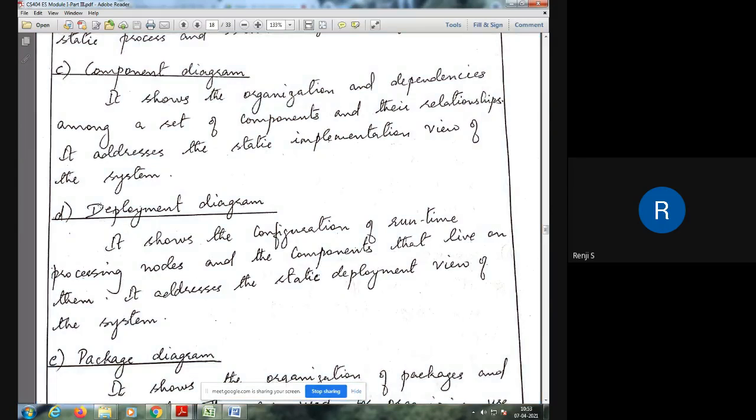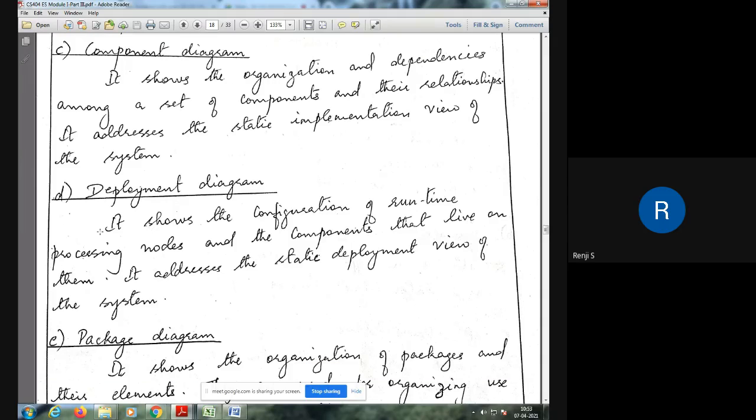Then next is the deployment diagram, and it shows the configuration of runtime processing nodes. As you know, node is another thing in UML, which has some processing capabilities, some memory, and such things, just like a server machine is an example of a node. And these nodes and how these nodes are communicating with other nodes can be shown with the help of a deployment diagram.